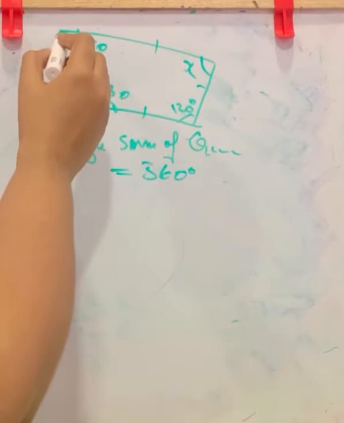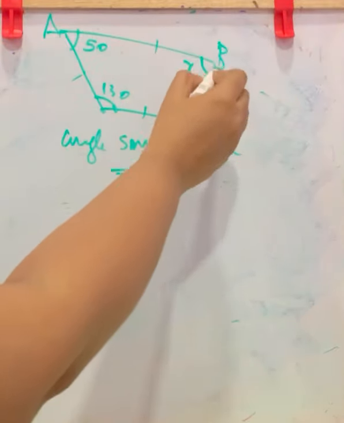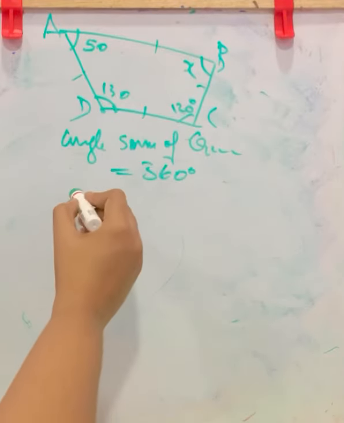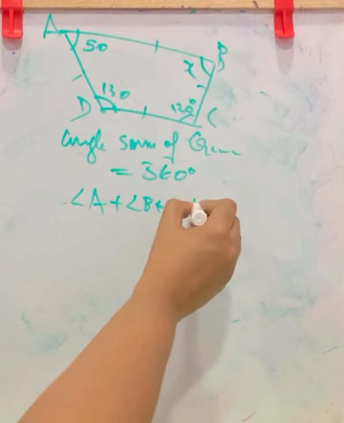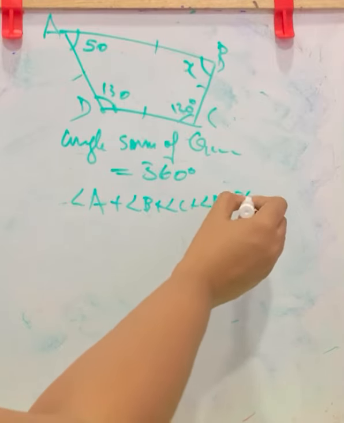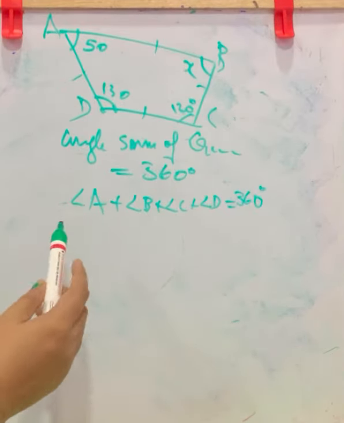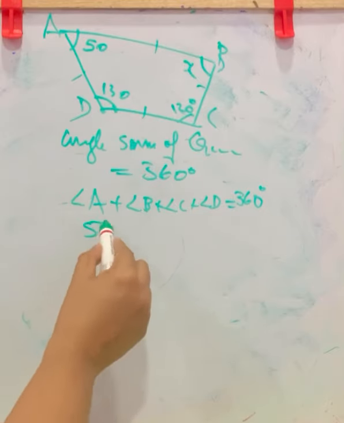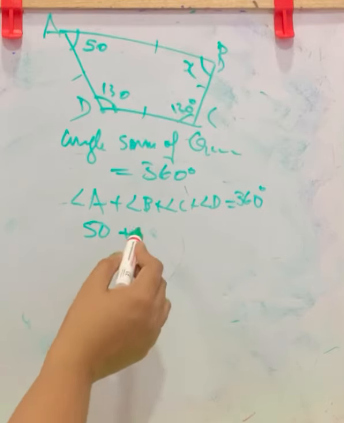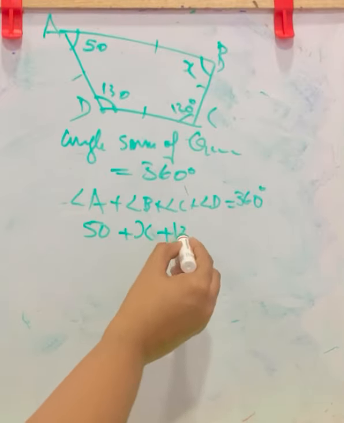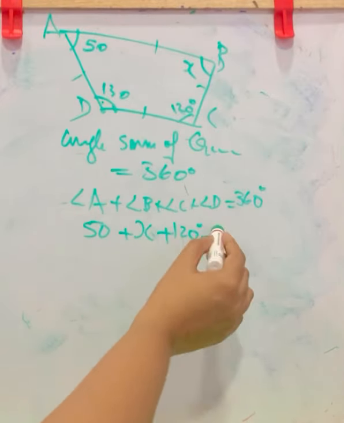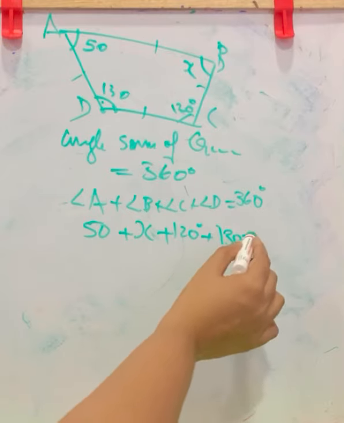Let us name this A, B, C and D. Now we know angle A plus angle B plus angle C plus angle D is equal to 360 degrees. Angle A is 50, angle B we don't know, name it x, plus angle C is 120 degrees plus angle D is 130 degrees, equal to 360.